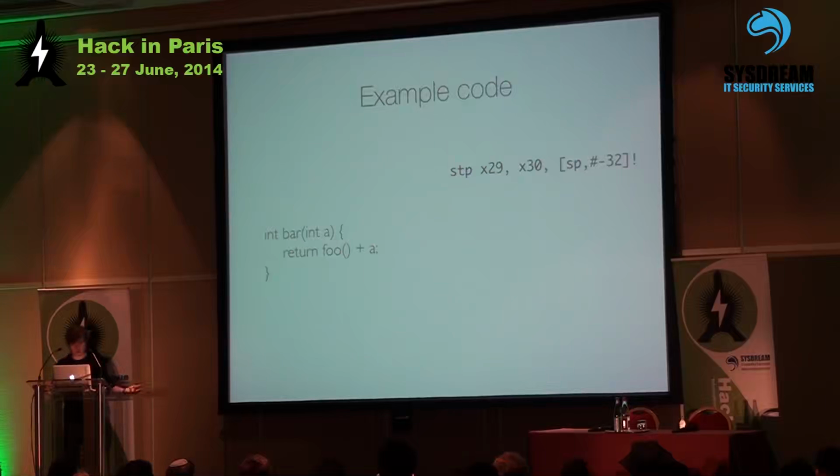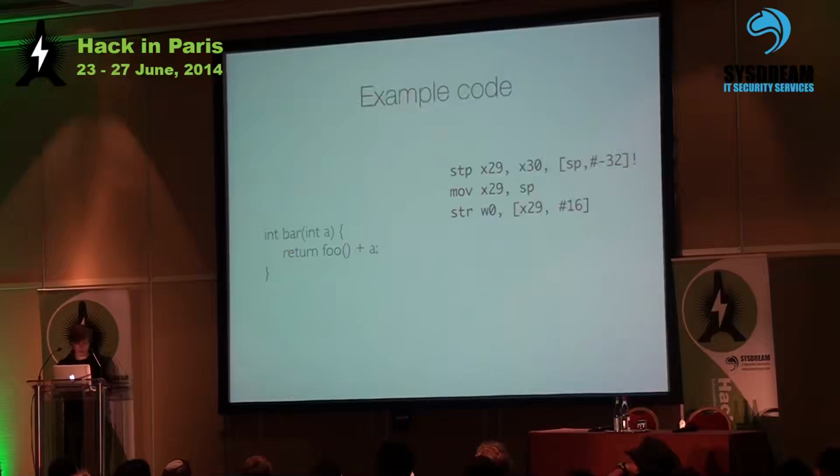It moves the current stack pointer into the frame pointer. It stores the argument that was supplied to the function onto the stack. The 16 is basically the offset to the frame pointer, and then it goes and calls foo.